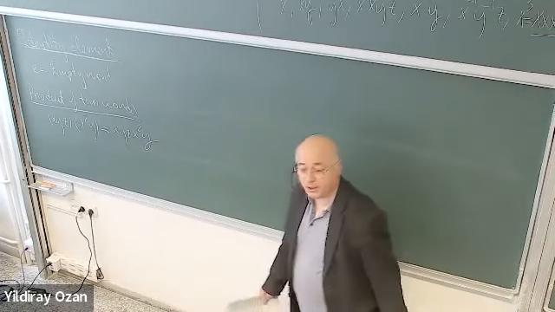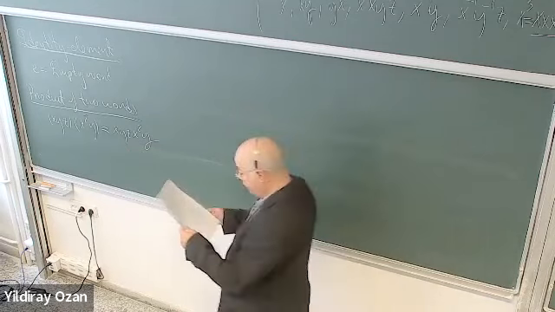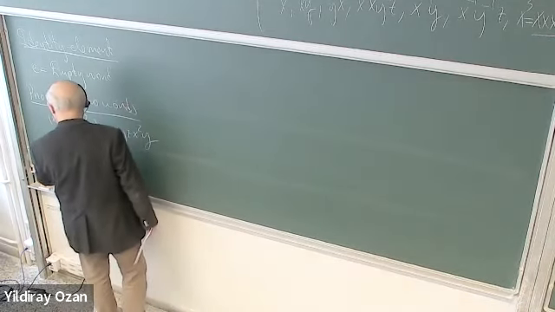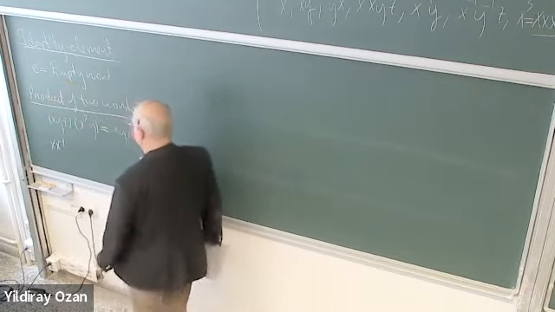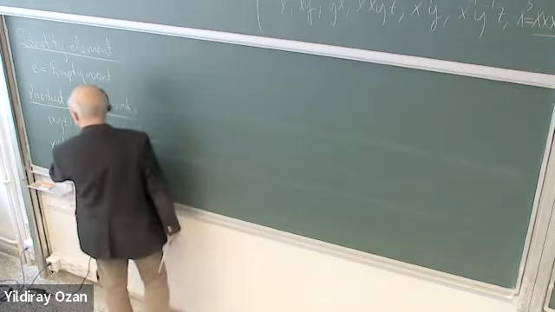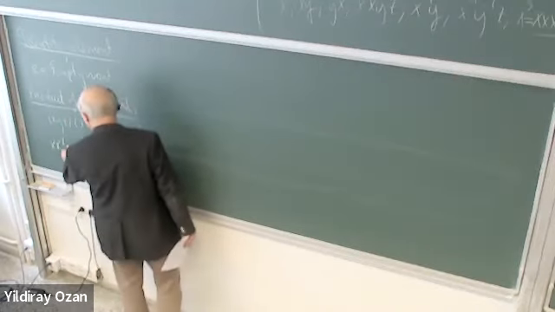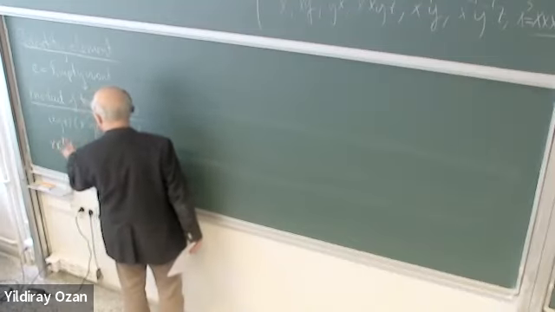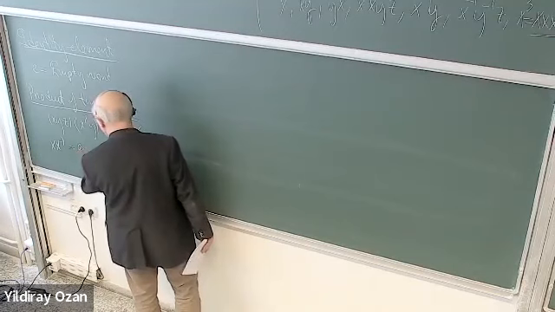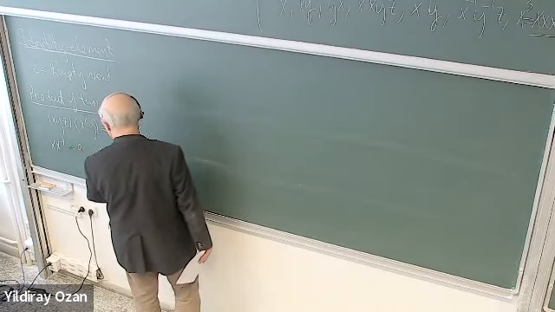So this will be the product operation, and we will also write x times x inverse. So this is the identity element. Sometimes I'll write e, or sometimes just the empty word.